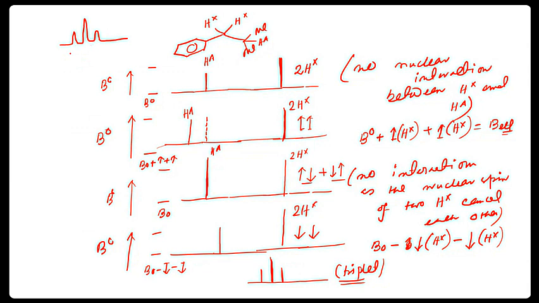Then you can say, okay, these peaks come from such a splitting: the external magnetic field plus the magnetic field from neighboring protons. This is added up, that's why here the energy level is quite higher.